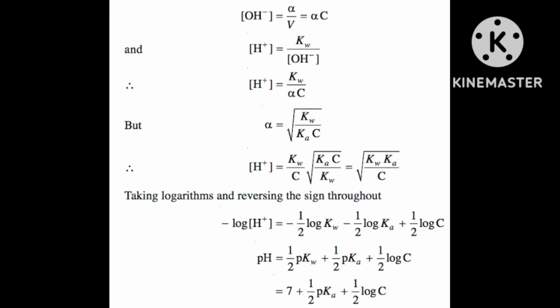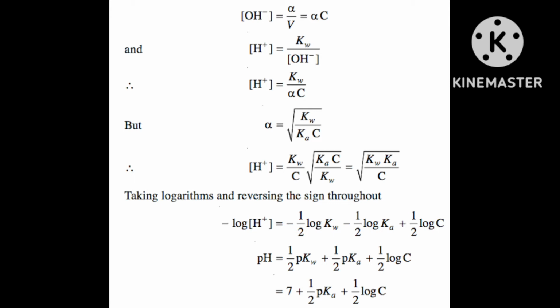Okay, if the pKb value is more than pKa, then pH equals 7 plus half of (pKa minus pKb). If the pKa value is more, then the pH value will be more than 7, which means the solution will be basic.